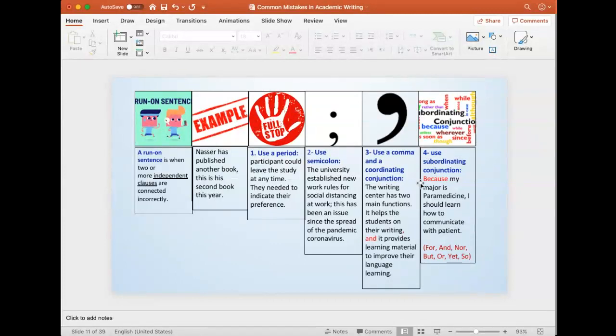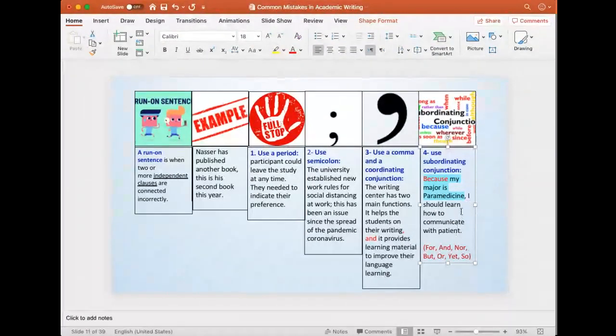For example, because. We can say, because my major is paramedicine, comma, I should learn how to communicate with patients. So the first part here we call a dependent clause. It doesn't communicate a full thought.